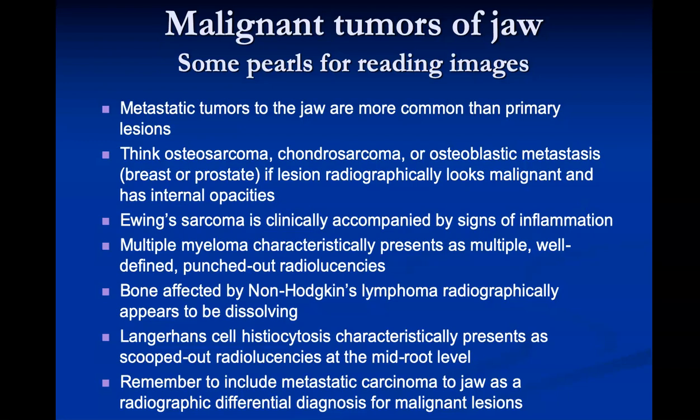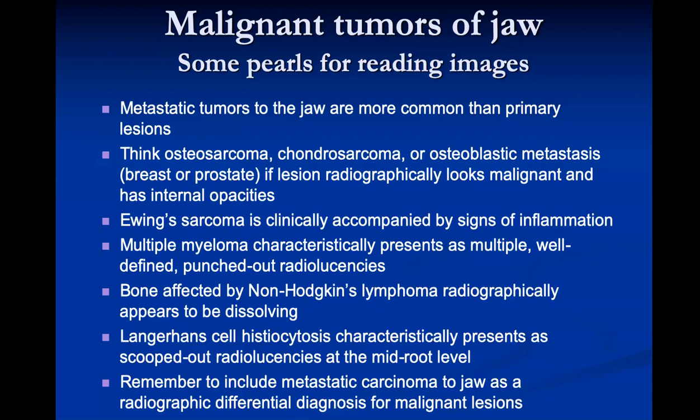The things to remember are, what's the etiology of the lesion or the tumor? How does it present? What are the clinical findings? Does it come with pain? Does it come with a radiolucency? Does it come with a multilocular radiolucency? Does it come with a change in color? All those types of things. And then treatment. How do you treat them? Is it treated with surgery? Is it treated with medication? Those types of things. And then you need to develop a differential diagnosis.